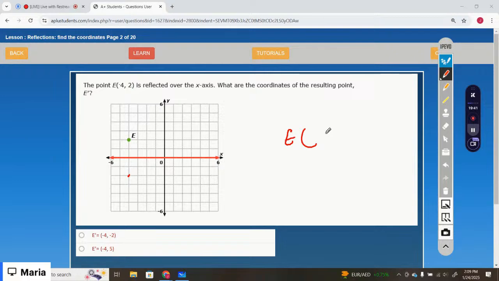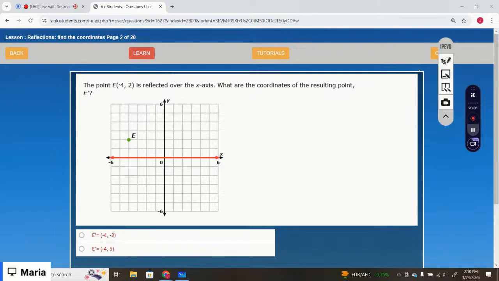So just the x coordinate is the same, and the sign of the y coordinate is changed. That is E dash -4 and -2. Option number 1 is the correct option.